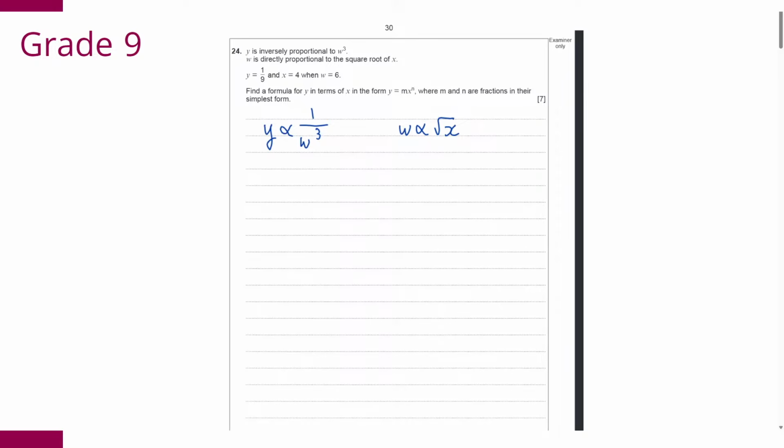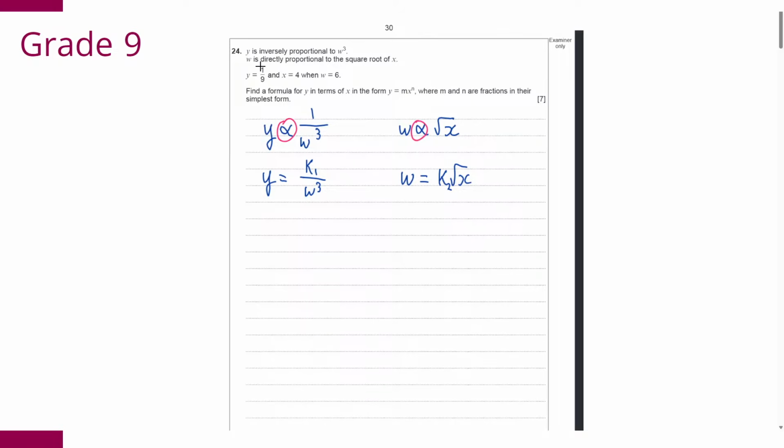To convert this sign of proportionality into an equals, which we'll need to do, otherwise we won't be able to do anything with this question, you just put an equals there and you times the right-hand side by k, which is our constant. And we could call this k1, maybe, because we're going to have 2 ks. So w equals k2 root x. Right.